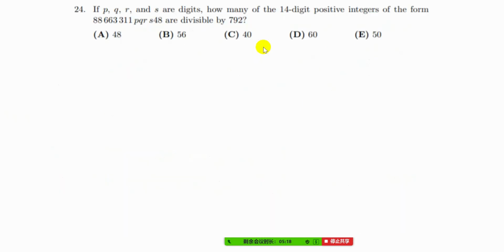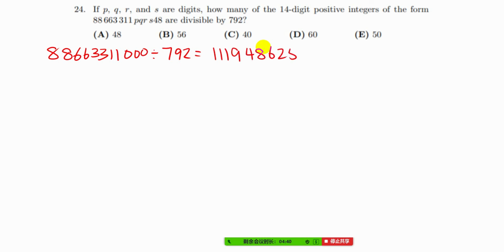Number 24. If P, Q, R, S are digits, how many of the 14-digit positive integers of the form 88663311PQRS48 are divisible by 792? So first, we can notice that 8866331100 divided by 792 is a whole number, an integer, which equals 111948625.